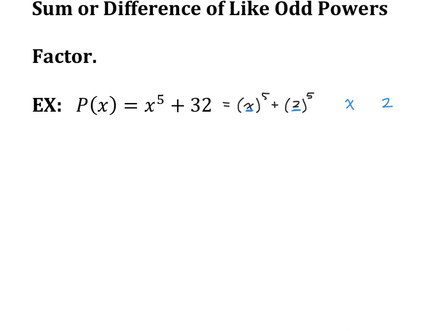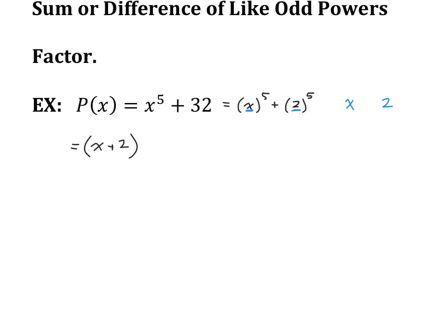Now, our first factor is pretty straightforward. Our first factor is simply the 5th root of x, and we always use plus here, plus the 5th root of 32. I'll tell you why we're always going to use plus.